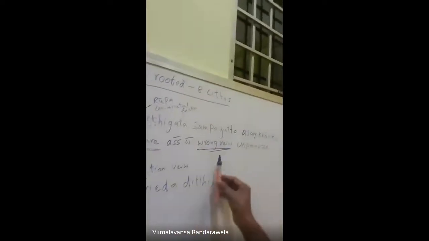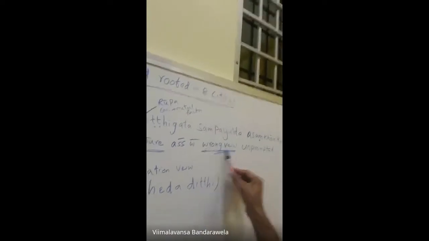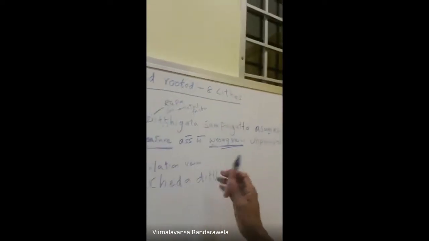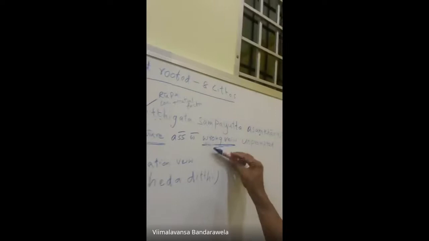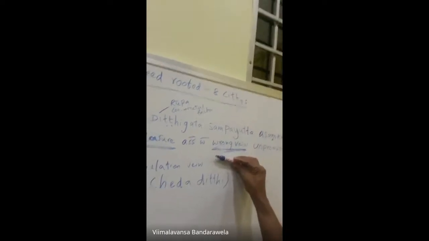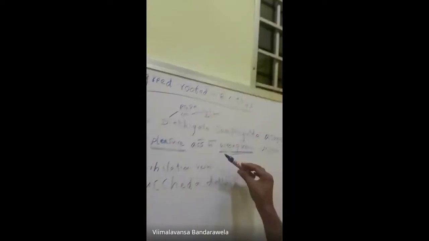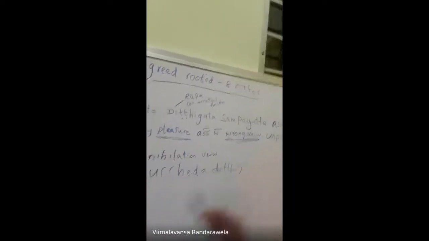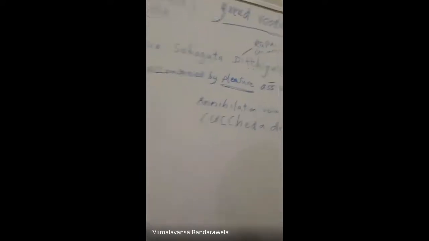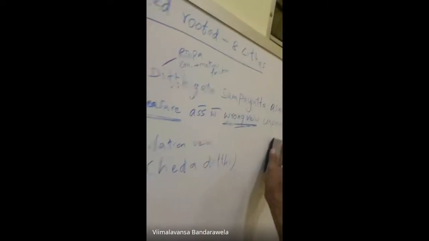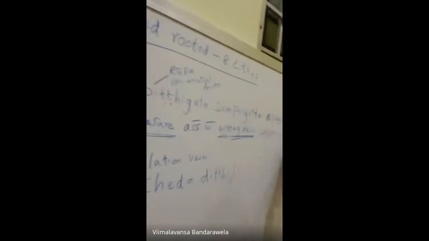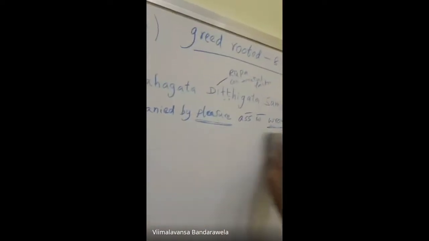They are all wrong views, right? So to arise consciousness, you need to know this. To arise consciousness, you need an object. Without an object, you don't have any consciousness to arise. So this is the first consciousness.